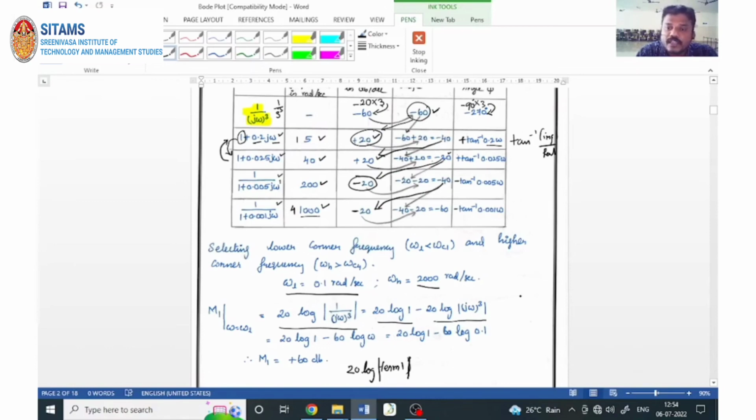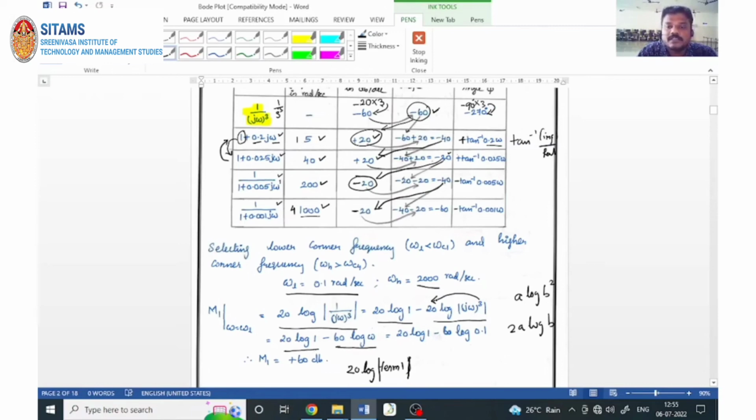And we know a log b square can be written as 2a log b. This cube will be multiplied with the constant 20. So that is how this term is written: 20 log 1 minus 60 log omega.